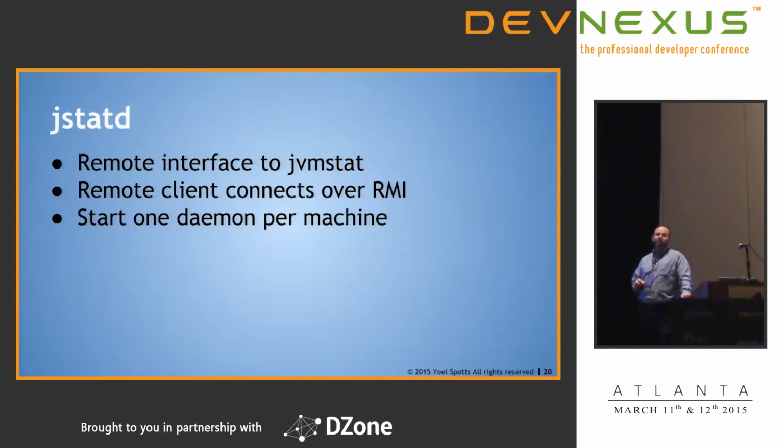So you run this daemon on the remote machine, and then the machine that you are trying to connect from will connect over RMI. You only need to start one daemon per machine, and you'll be able to connect to all the JVMs on that machine. And hopefully, if I have time, I'll show you an example of that.